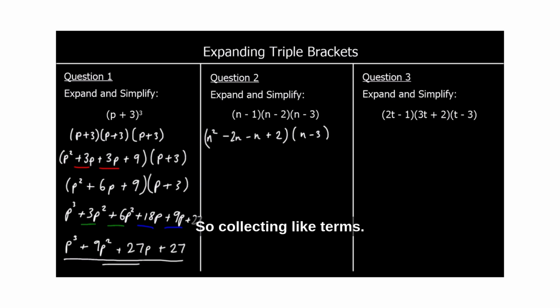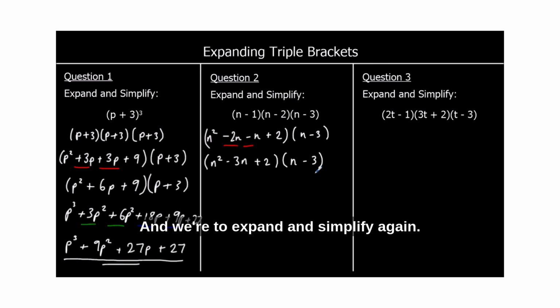So collecting like terms for my first bracket, negative 2n take away another n is negative 3n. So n squared minus 3n plus 2 in the first bracket and n minus 3 in the second bracket, and we're going to expand and simplify again.